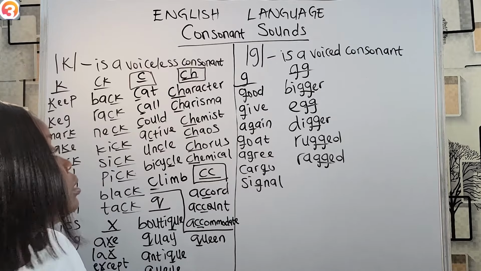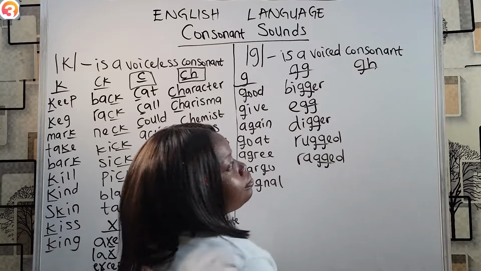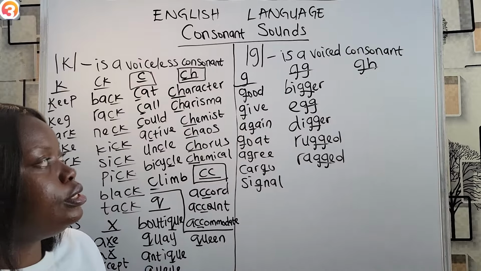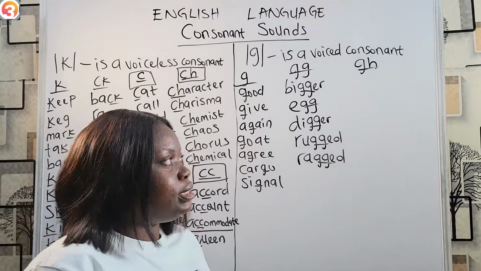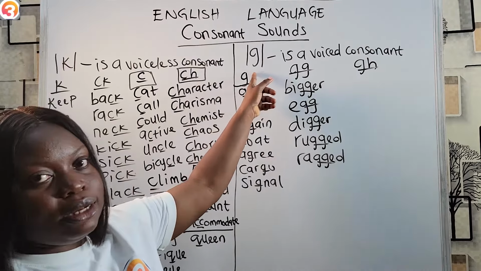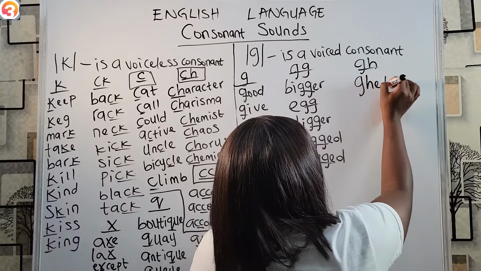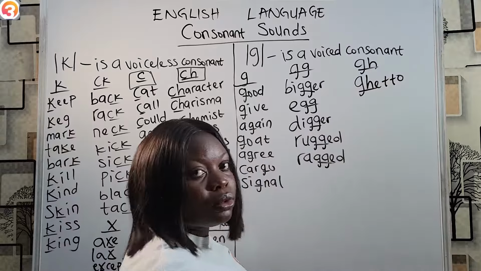We can also find G in words containing GH. Here, the H in the words, of course, will now be silent. All that will be pronounced in the word is the consonant G. So, example, we have ghetto, ghost.